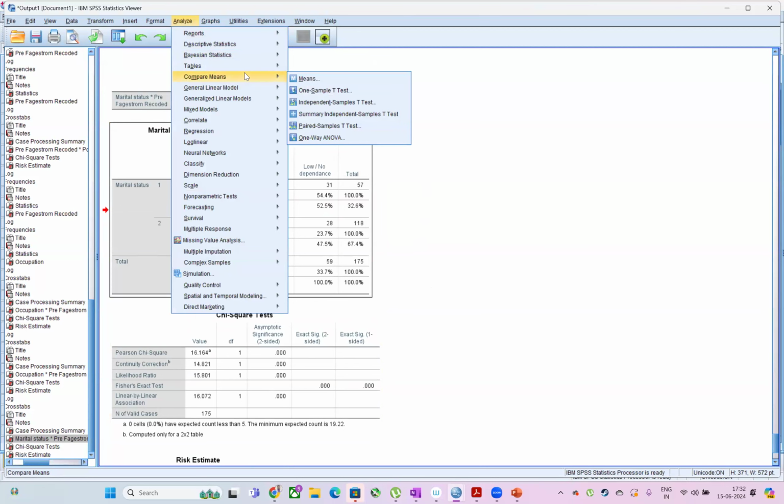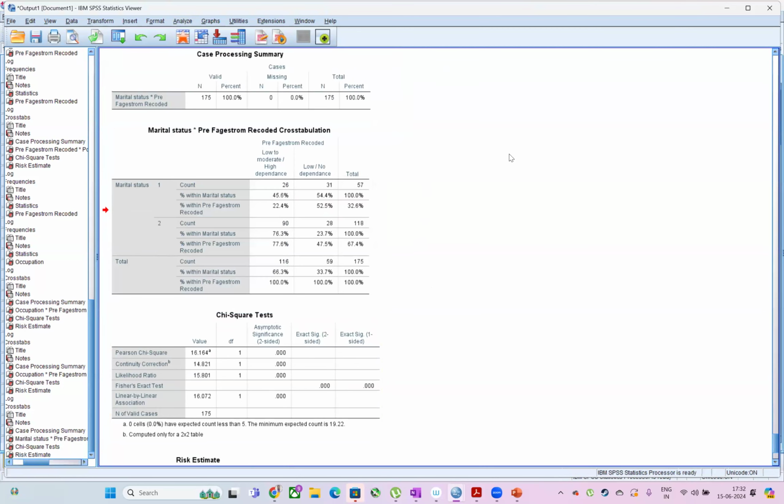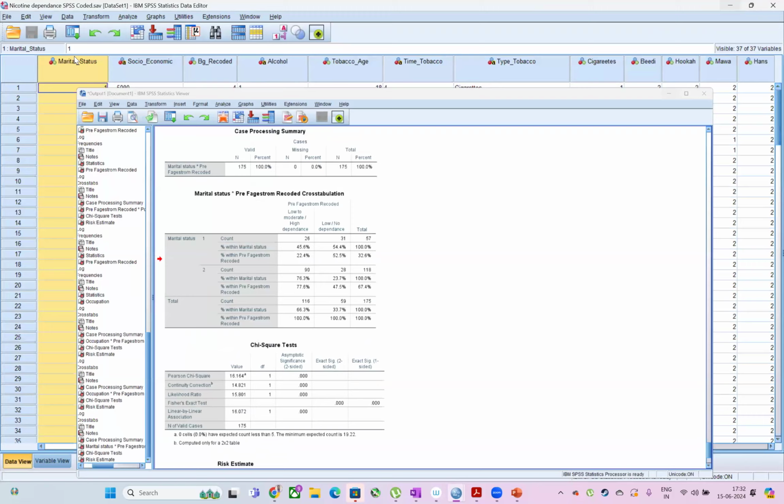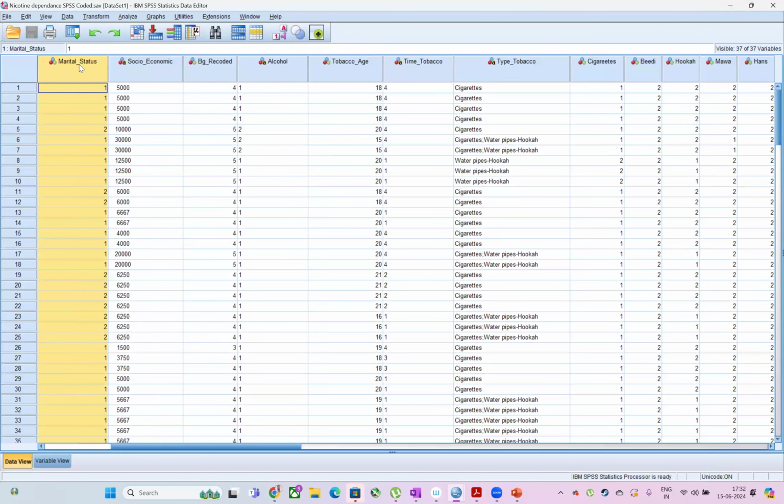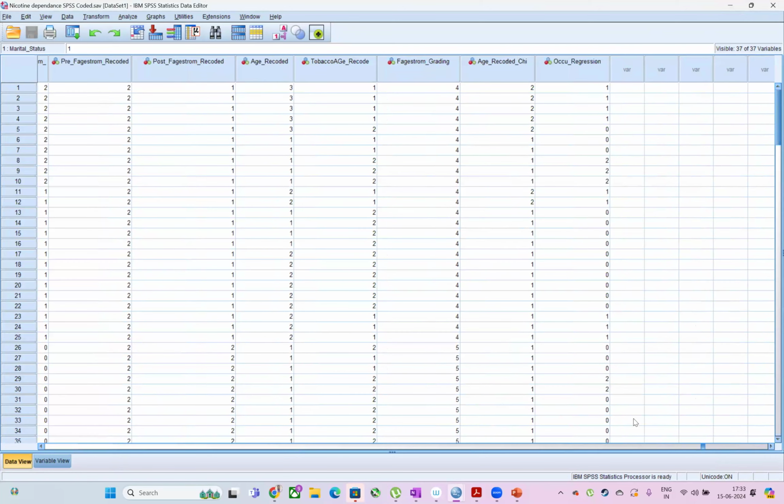Okay, next we are going to do the next statistical test. I will give you a scenario, and I want you to answer this. Now you want to see the association between marital status and the nicotine dependence score, not the categorized one.